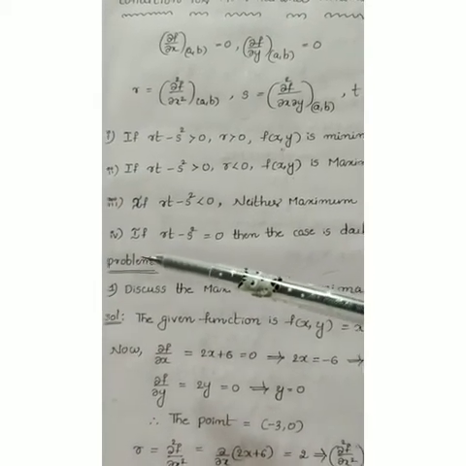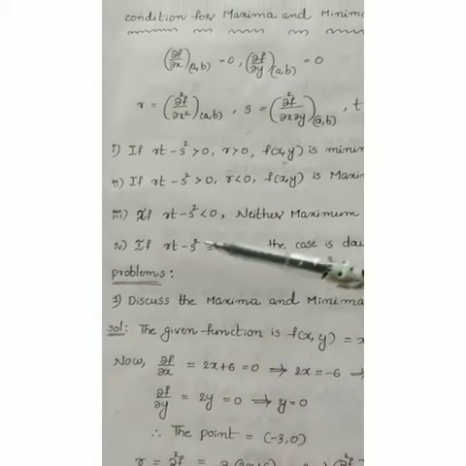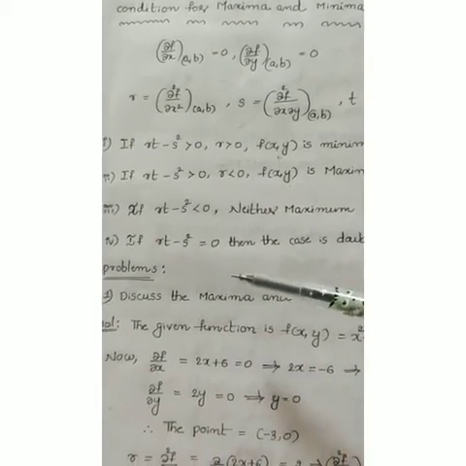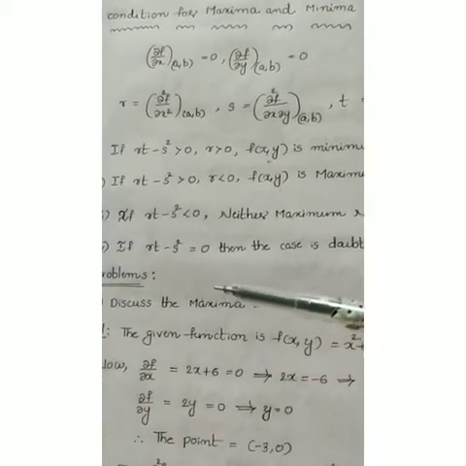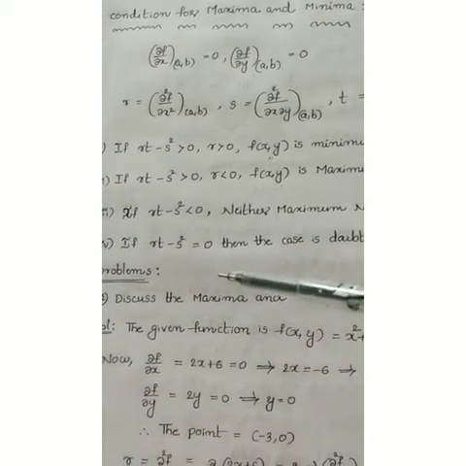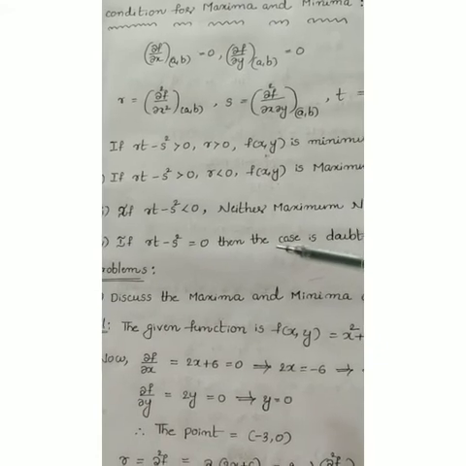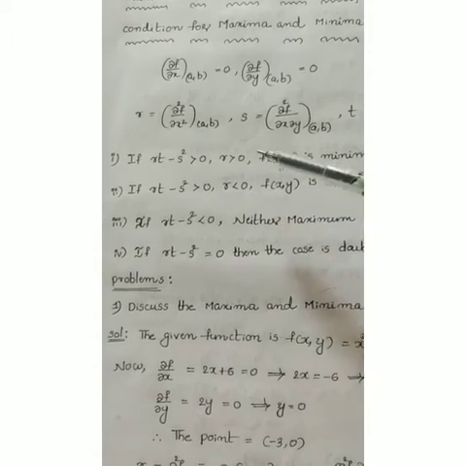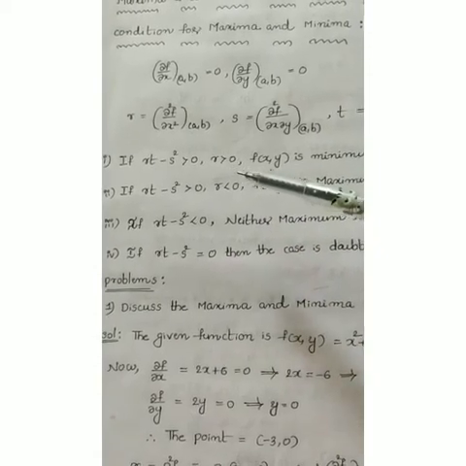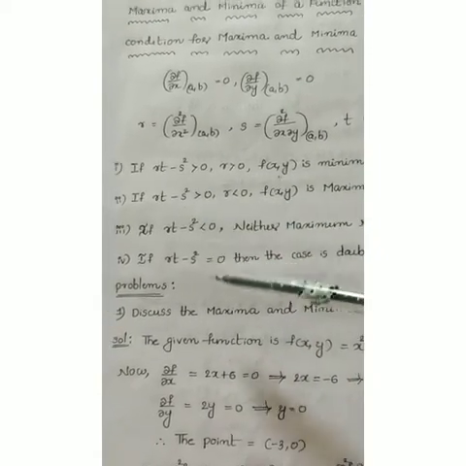And the fourth case, if rt minus s square equal to 0, then the case is doubtful. So we can't find out maximum and minimum. So these are the four conditions for finding maximum and minimum of a function of two variables.